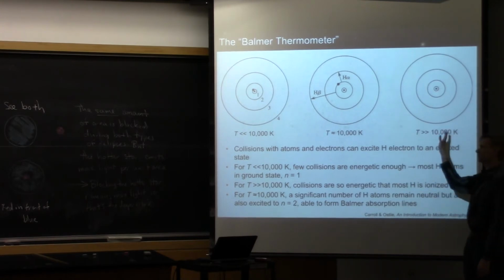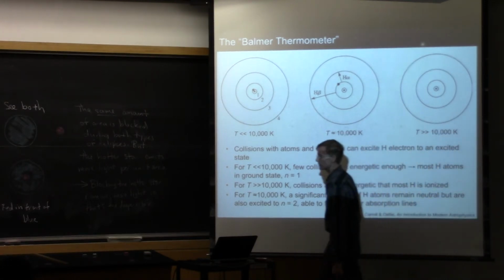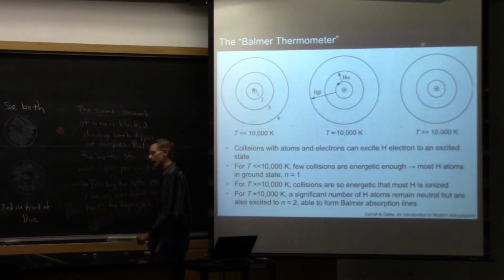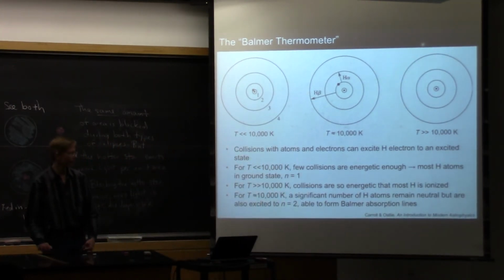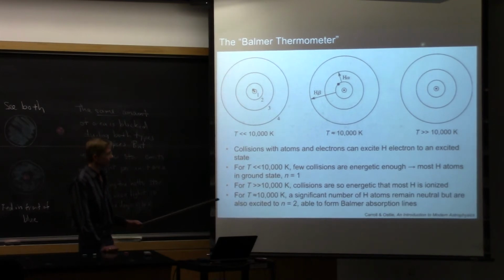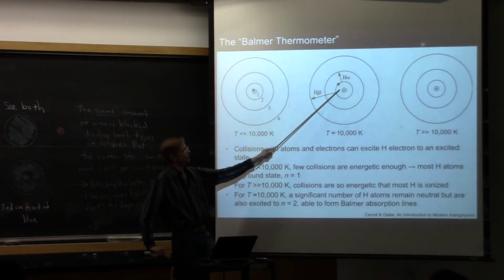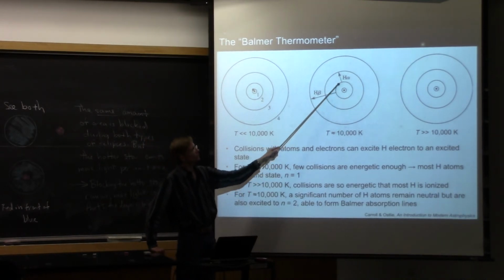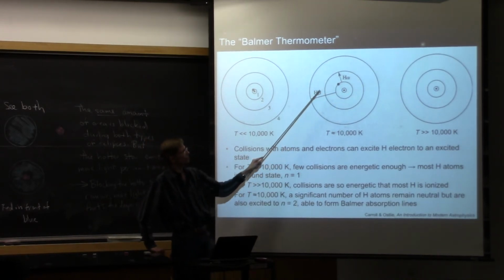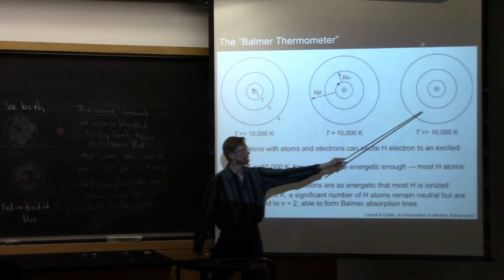So Goldilocks went to a star that was too hot, and it had weak spectral lines because most of the hydrogen was ionized. But then Goldilocks went to a star with a temperature of around 10,000 Kelvin, and that star was just right. It had strong-ish hydrogen spectral lines because in that case, the temperature is high enough that collisions kick a fair number of electrons into the second level where they're ready to absorb visible light photons, but not so energetic that they ionize the atoms.